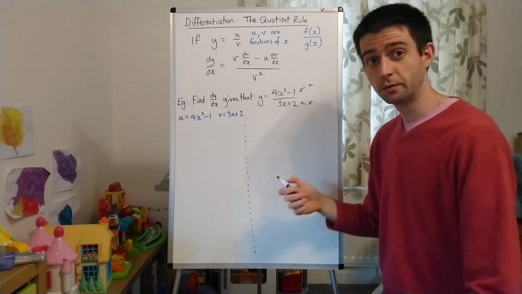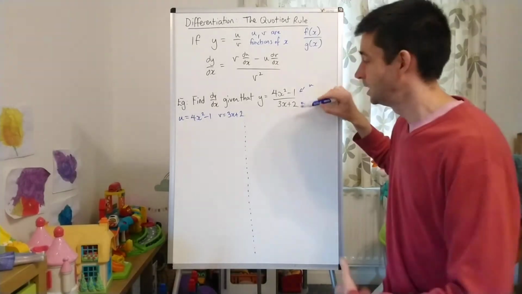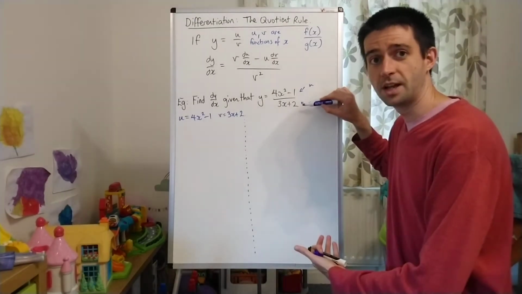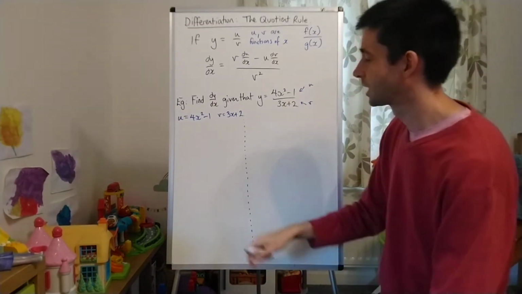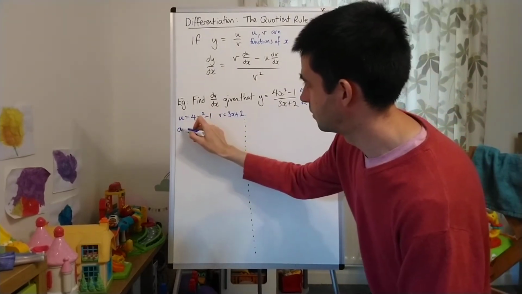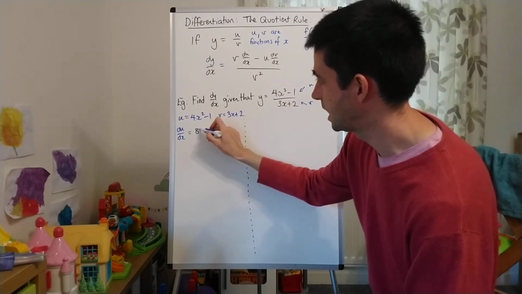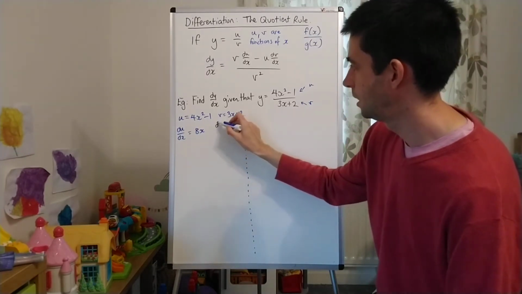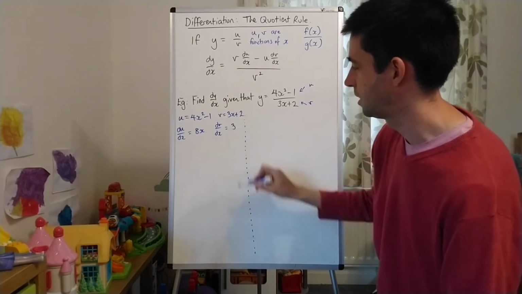So two different functions of x. 4x squared minus 1 is a function of x that's being divided by 3x plus 2, which is a function of x, so quotient rule. Right, u is 4x squared minus 1, so we're going to differentiate that in terms of x to get du dx, which is 8x, and then we're going to differentiate v to get 3.